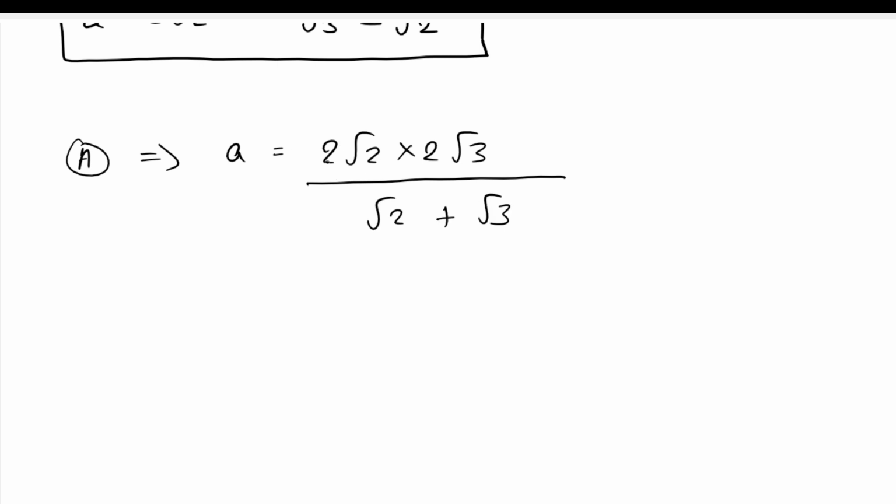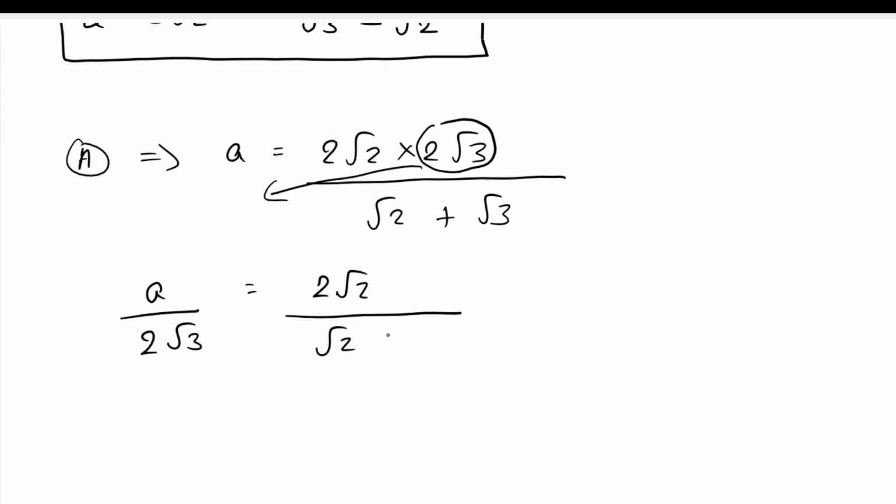In the first step, we brought this 2 root 2 to the other side. Now in this step, we'll bring this 2 root 3 to the other side. So this will become A divided by 2 root 3 is equal to 2 root 2 divided by root 2 plus root 3.